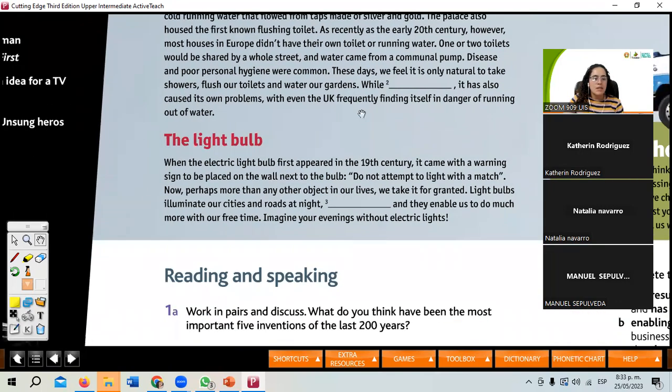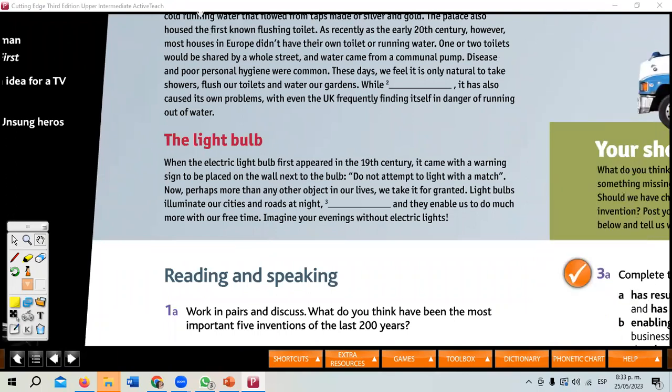Continuing with the light bulb. Let's hear Santiago. The light bulb. When the electric light bulb first appeared in the 19th century, it came with a warning saying to be placed on the wall next to the bulb: Do not attempt to light with a match.